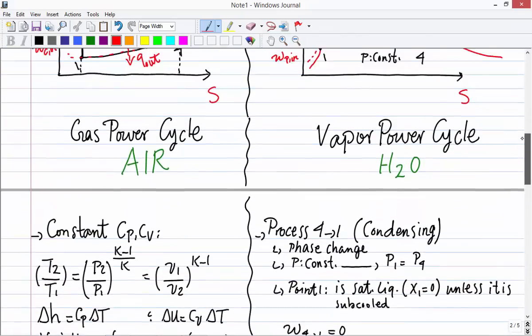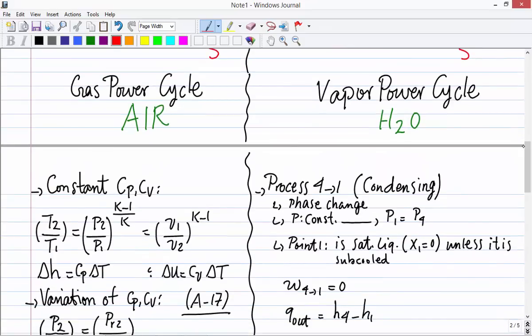Let me write it here. So for vapor power, the Rankine cycle, you can check lecture 21, page 4. For Brayton, you can check out lecture number 14, pages 5 and 6. Okay.